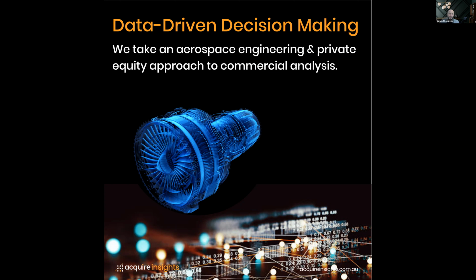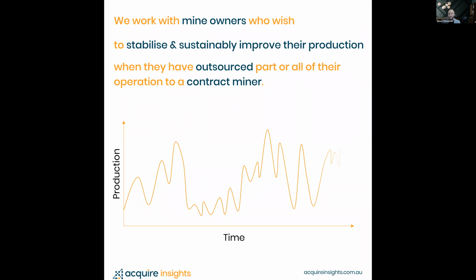One of the things we focus on mainly at Acquire Insights is working with mine owners who wish to stabilize and sustainably improve their production when they've outsourced part or all of their operations to a contract miner. You've seen this graph here: production can go up and down over time when using a contract miner.